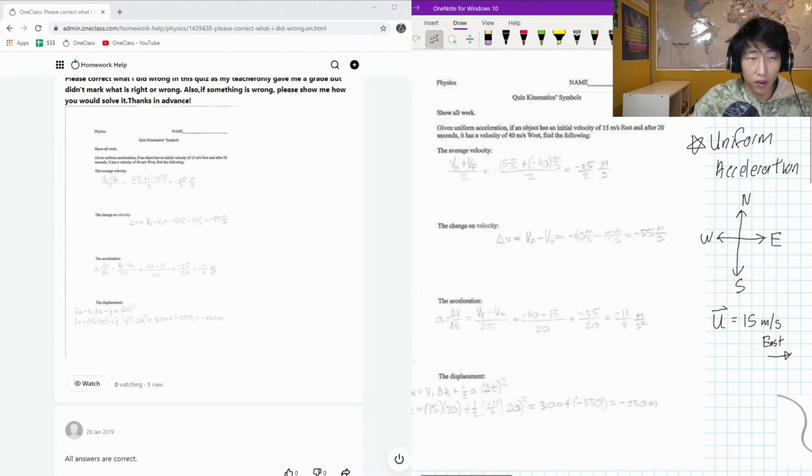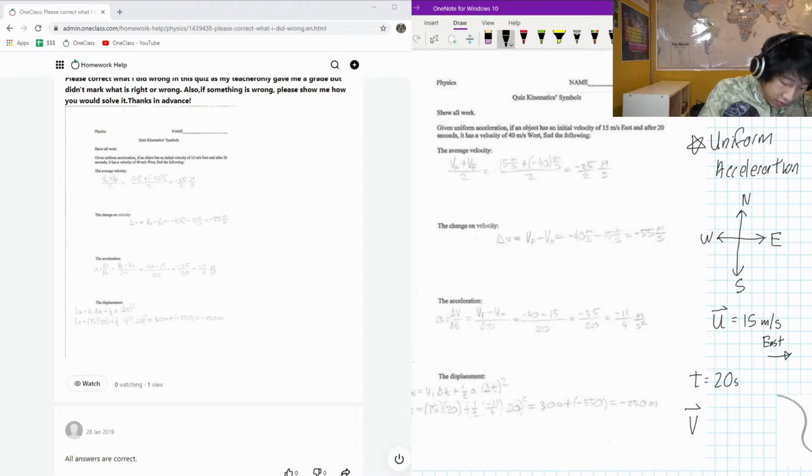And our final velocity after 20 seconds, that's another thing we need to keep in mind: our time here, 20 seconds. After 20 seconds, it has a final velocity of 40 meters per second west, going the complete opposite direction. For final velocity, it's fairly common to use v, and we put an arrow on top of it.